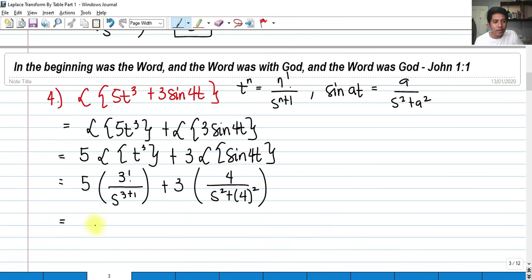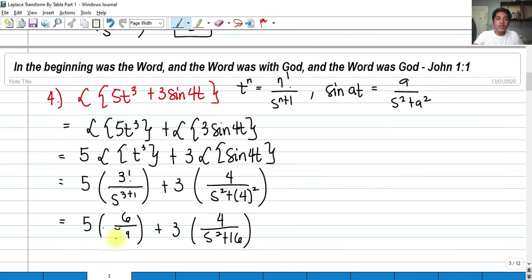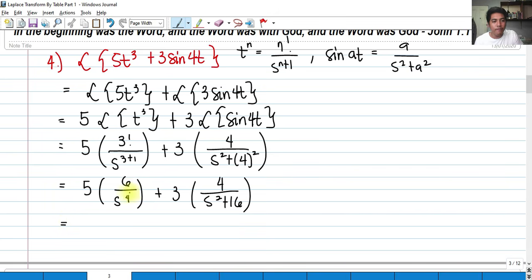So upon evaluating, we have 5 times 3 factorial, which is 1 times 2 is 2, 2 times 3 is 6, over s raised to 3 plus 1, that is 4. Plus, we have 3 times 4 over s squared plus 4 squared, which is 16. If we simplify this, we multiply 5 times 6, that is 30 over s raised to 4, plus 3 times 4 is 12 over s squared plus 16.